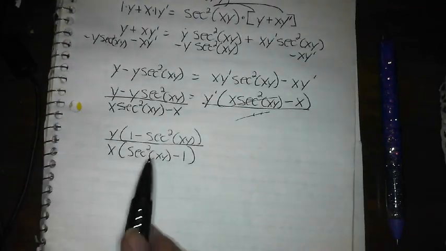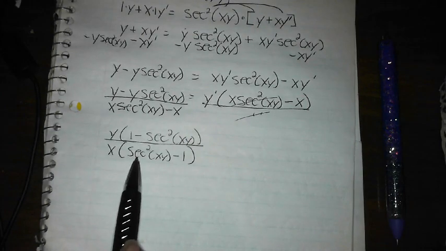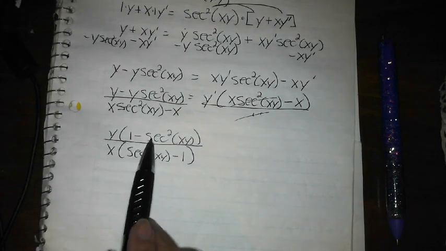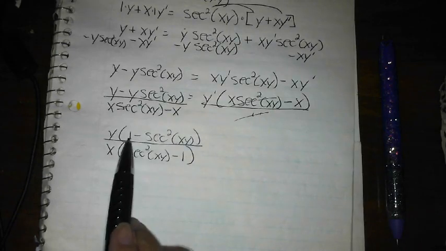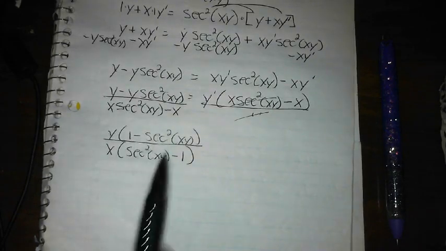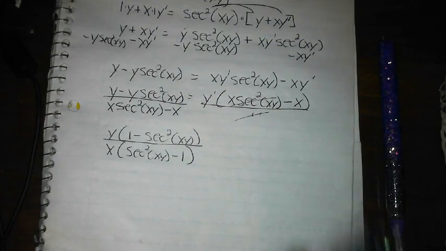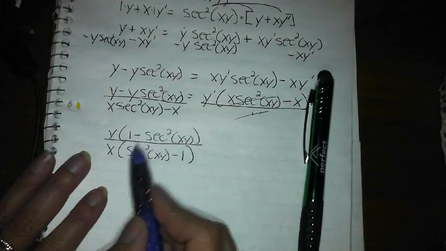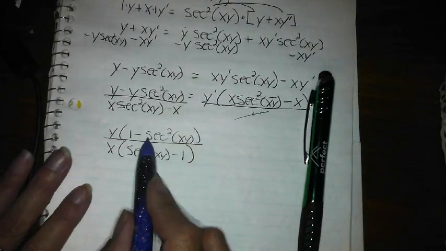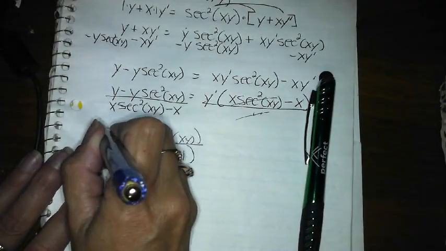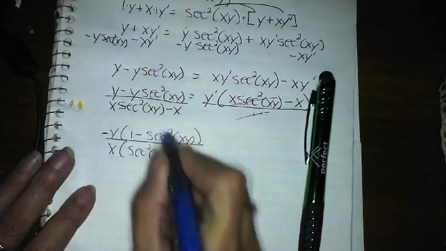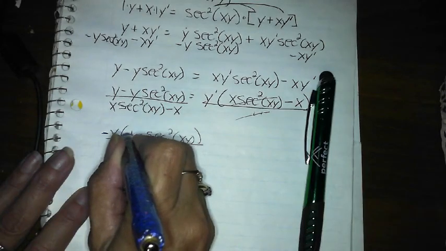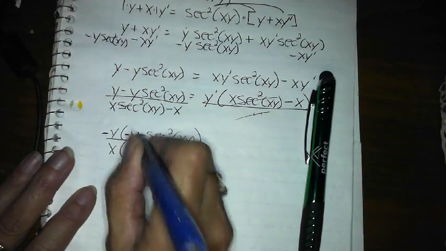Oh, look at how close these are. My secant squared is positive here, it's negative here. My 1 is negative, my 1 is positive. So they're exact opposites of each other. So what we can do is factor a negative 1 out of either the top or the bottom. It doesn't matter. I'm going to take it out of the top one. So if I factor out a negative 1, that makes this negative 1, this positive.